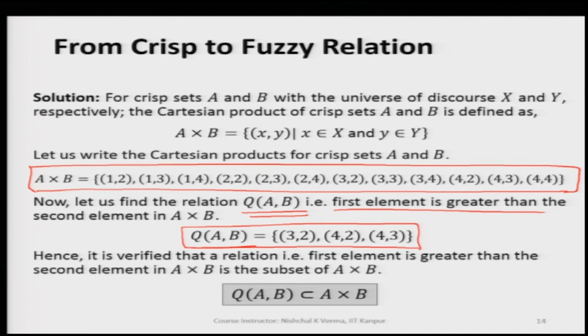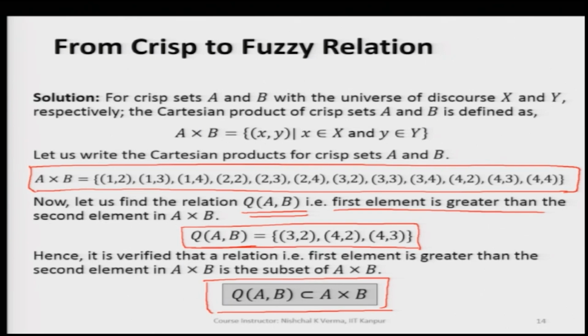Since Q of A B is a set and it has elements which are drawn from the Cartesian product of crisp sets A and B, we can write that Q A B is a subset of the Cartesian product of A and B, where A and B both are crisp sets.